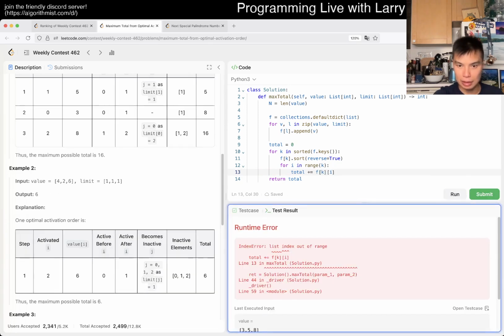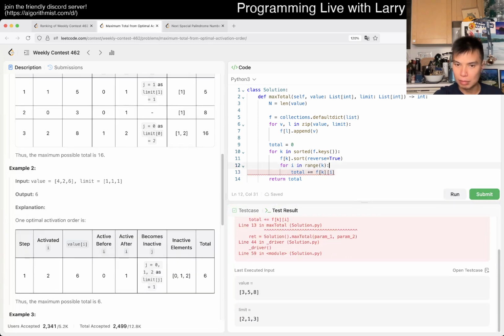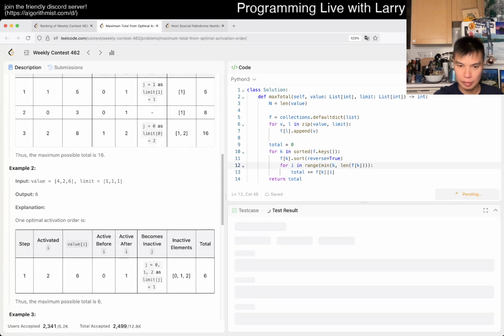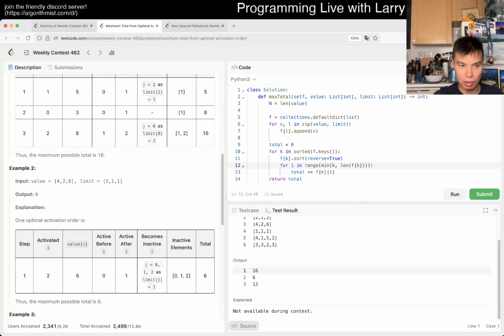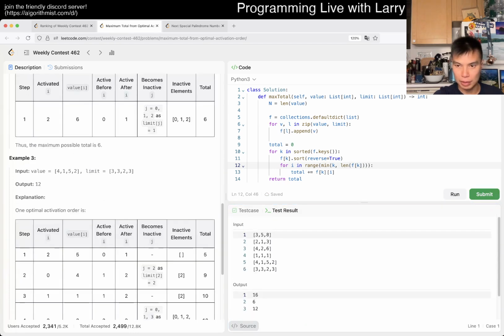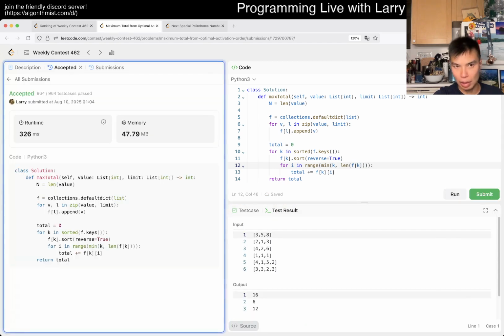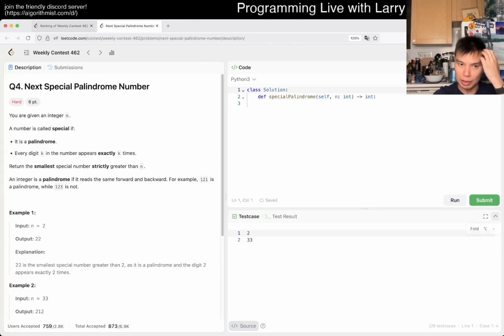Is it 16.6? Oh, I mean, I guess that makes sense. 16,612. YOLO submit. Okay, that one, it's kind of hard to read, but I see.